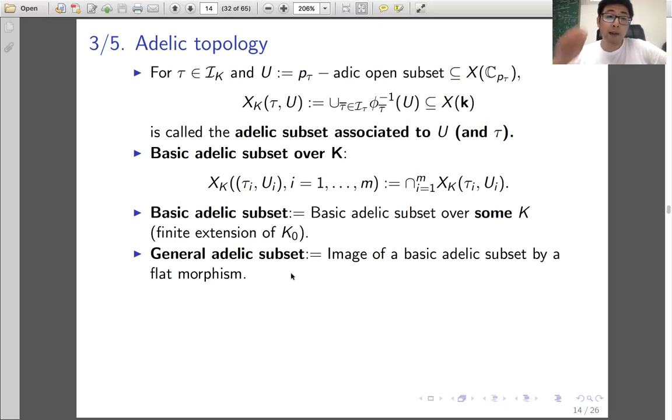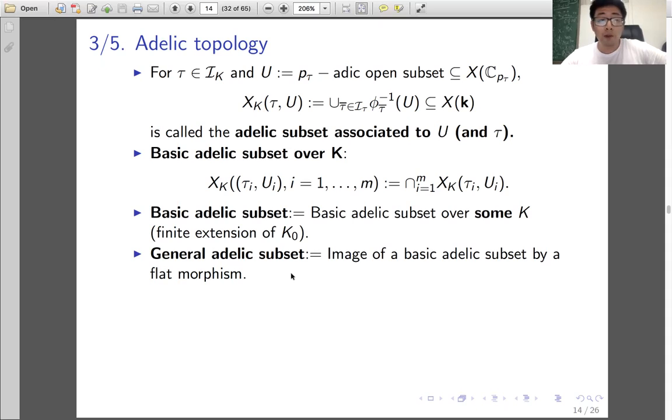We denote by basic adelic subset over this field K to be X_K tau_i, i from 1 to m, which is the intersection of the adelic subsets associated to U_i and tau_i. A basic adelic subset is just a basic adelic subset over some K, where K is some finite extension of K_0.